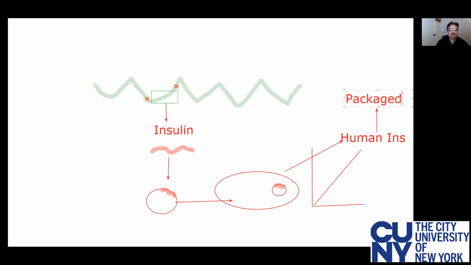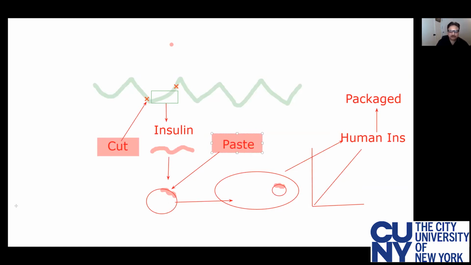One of the words that I used was to cut the human insulin gene. And the second was to put or paste the human insulin gene into the bacterial plasmid. So I used two words. First is cut, and the second was paste. Two words.